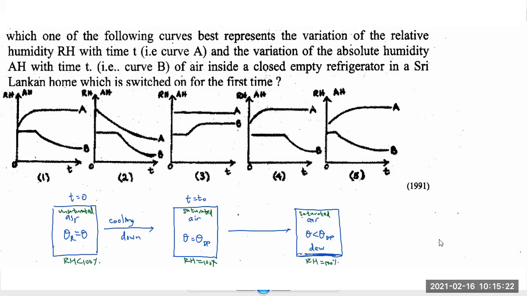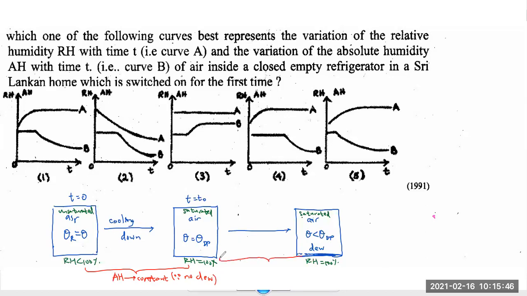Talking about absolute humidity very quickly, from here to here it will remain constant. AH is constant. Why? Because there is no dew. When there is no dew, the mass of water vapor in a closed system is not going to change. It's a closed system, right?